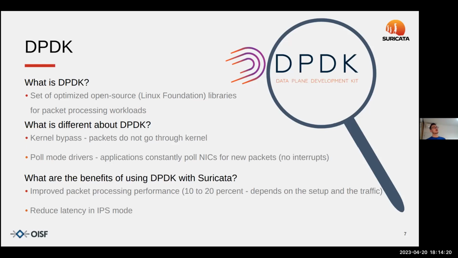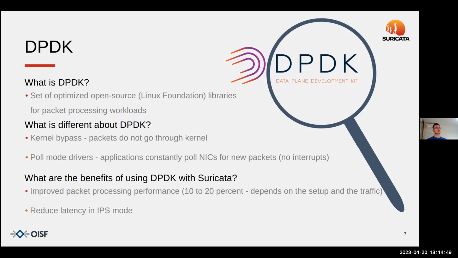And now, why should you consider using DPDK with Suricata? As I mentioned, it's focused on improving packet processing performance, and it can add, let's say, up to 20%, but it really depends on the setup and the traffic, on the rules you use, on the hardware you have.